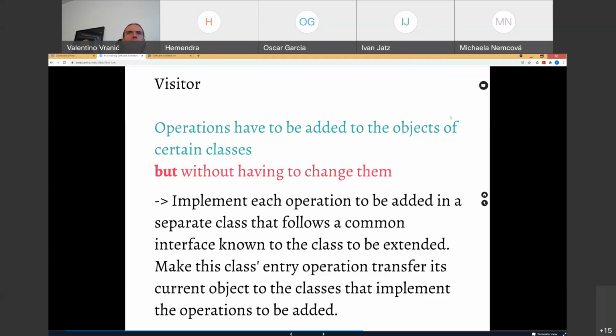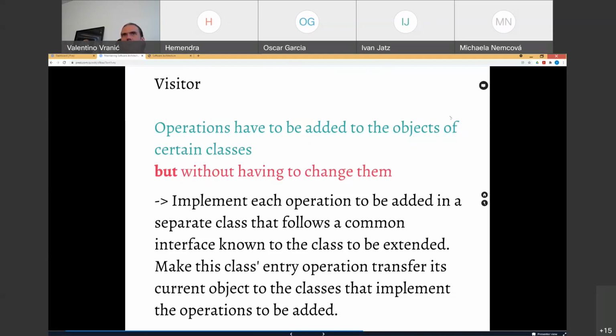This is a thing that you can achieve a little bit via this description, but still it's not that easily understandable. This is a very, very short description.